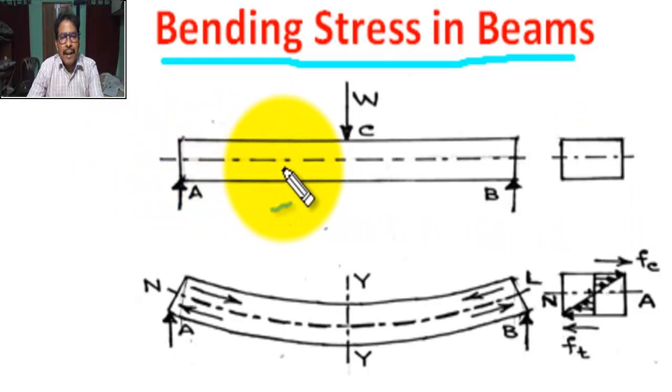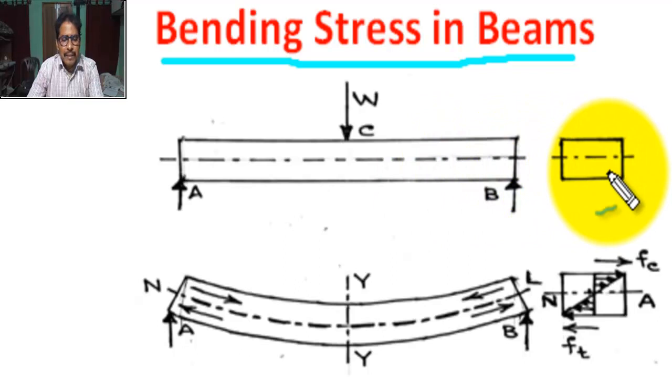This is the longitudinal axis. This is the beam position after the W load acts. The beam is bent in this way with a curve.